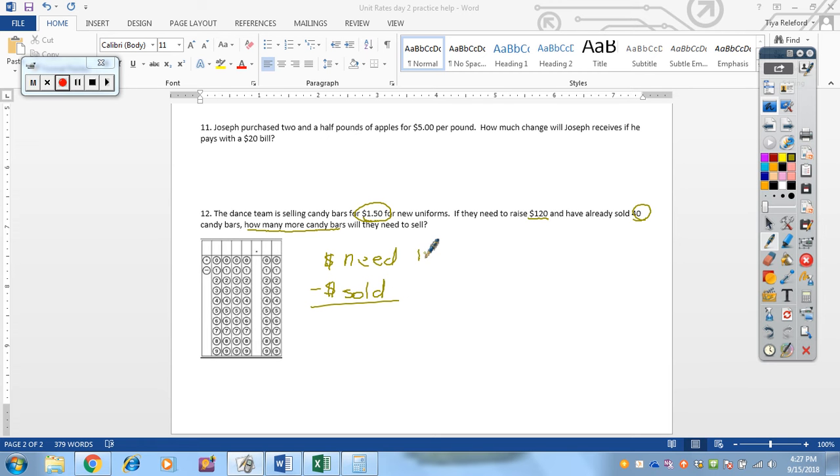I know they need $120. In fact, I'll just put that there. The problem is, I don't know how much money they sold. I know how many candy bars they sold. Well, how much money is 40 candy bars? Each candy bar is $1.50.